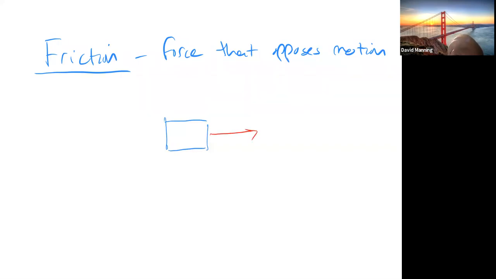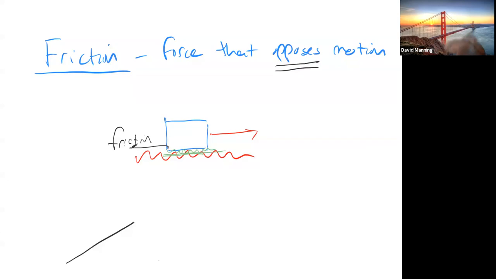If it's on a rough surface, there's going to be bumps on both sides of the object. These bumps are going to rub against one another, and that's what creates the friction in the opposite direction. It's always in the opposite direction of motion. Always in the opposite direction of motion.